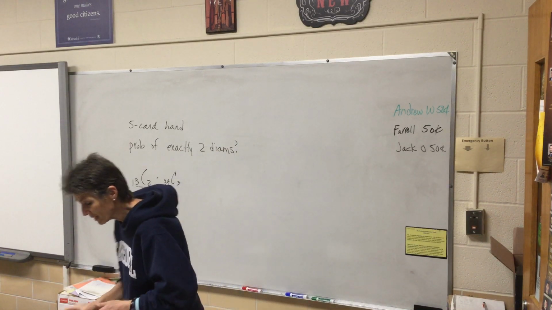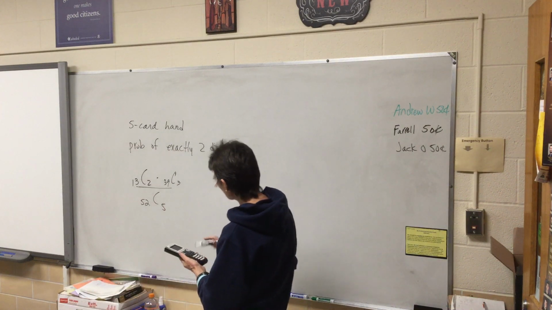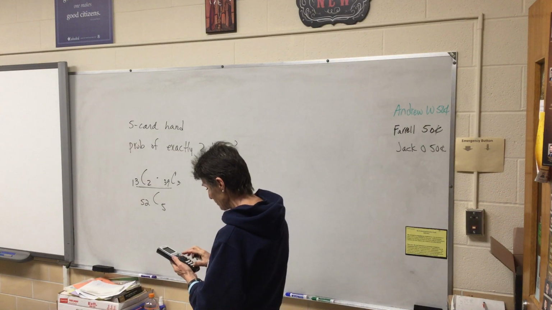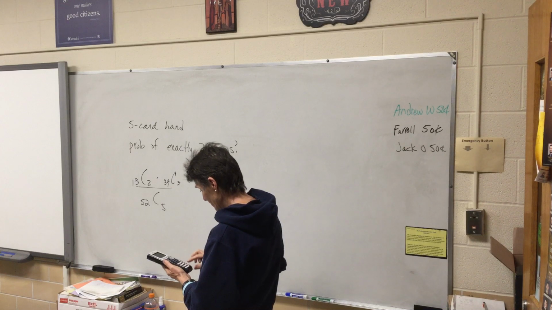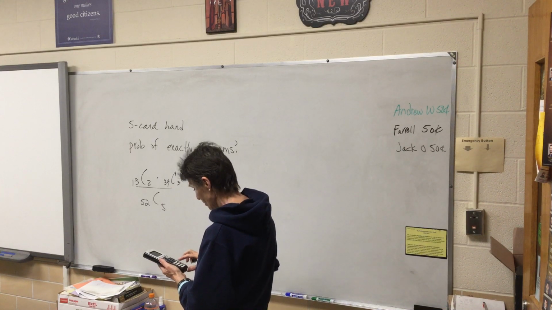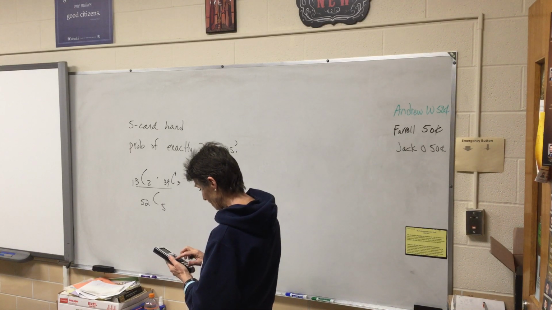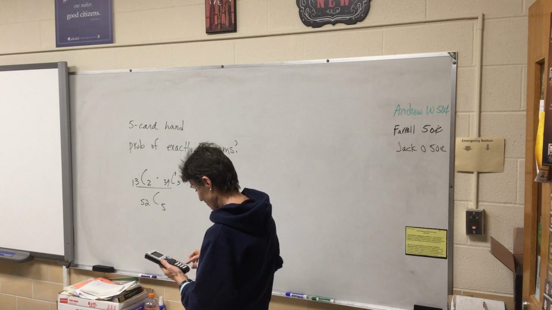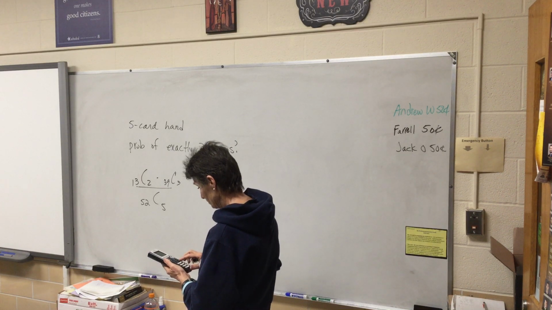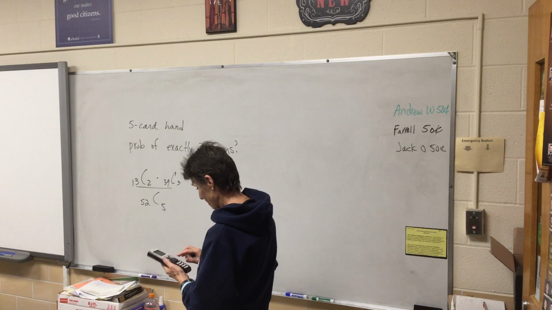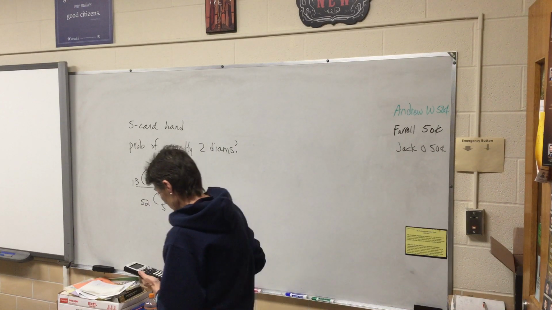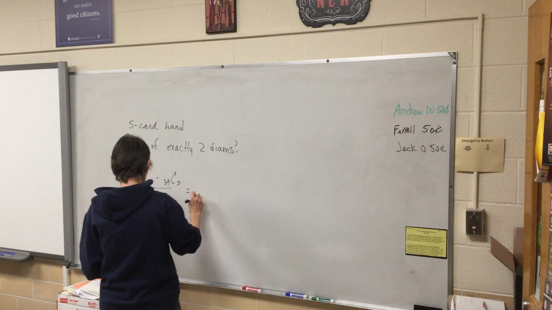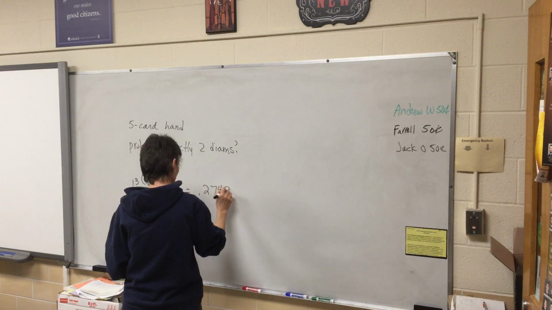All right, if you have your calculator handy, let's go ahead and type this in. Make sure everybody remembers how. If you don't have your calculator handy, shame on you. I got 0.2743.